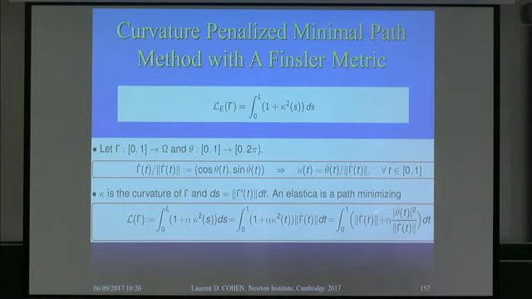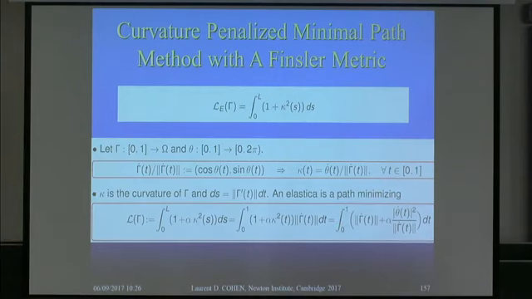You find this integral over t of norm of gamma prime plus alpha theta prime squared over norm of gamma prime, and this itself can be interpreted as a Finsler metric, which means that we are going to define a Finsler metric on a 3D space, which is composed of the 2D space of the image domain plus an orientation space.